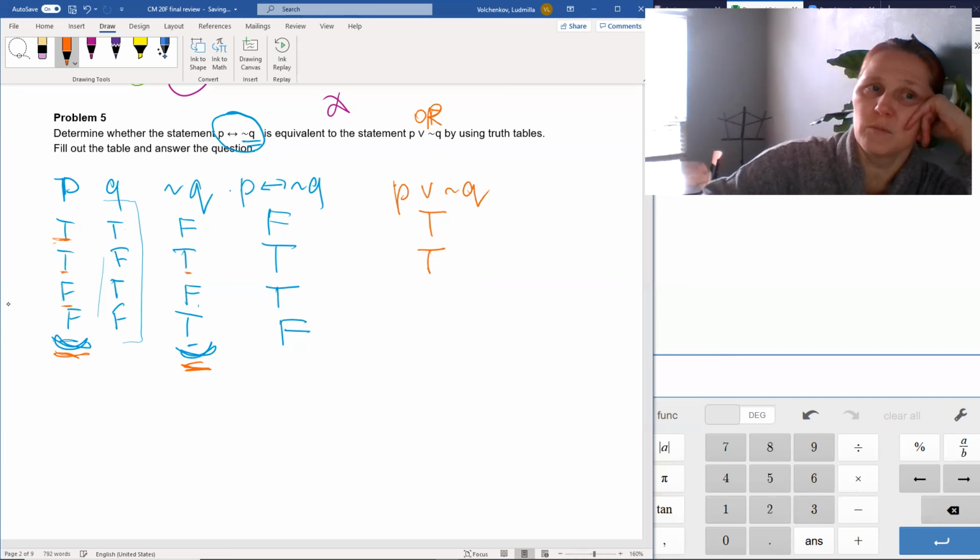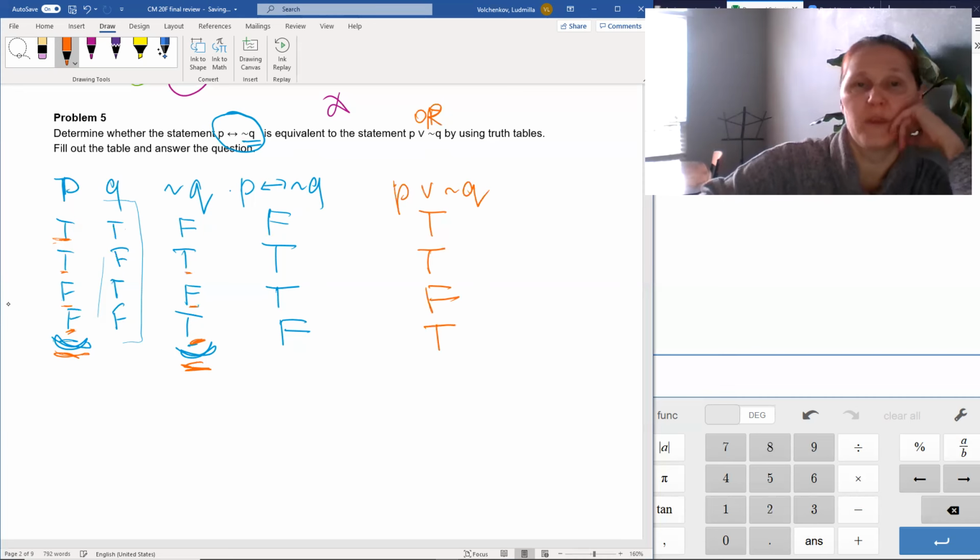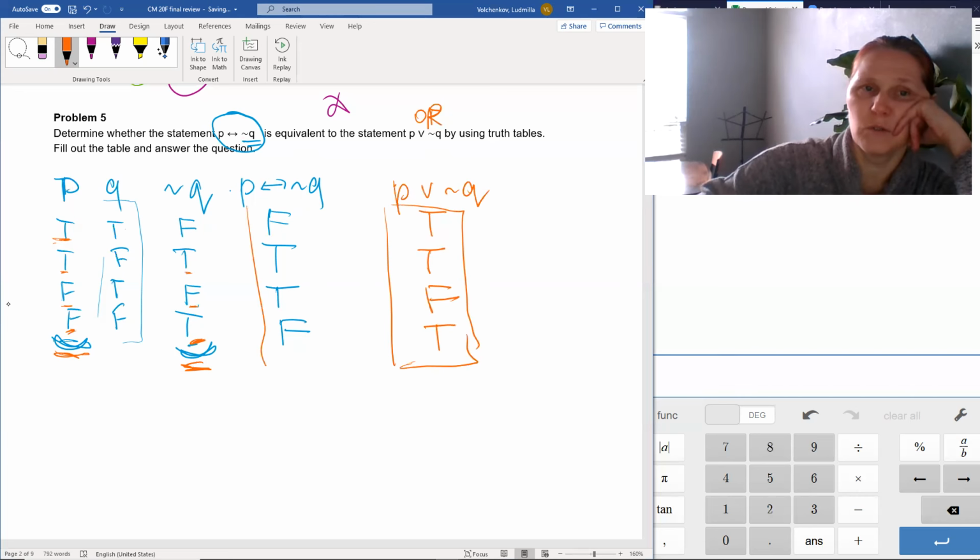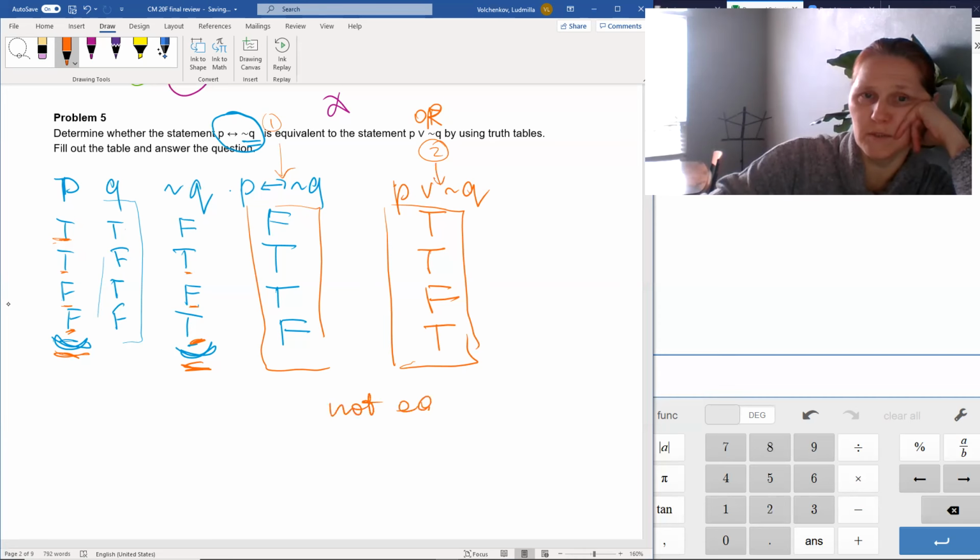In the third line, both are false, the or is false, and in the last line, not Q is true, so the statement is true. So this is the final column for the second statement. This is the final column for the first statement. They are different. It means that the statements are not equivalent.